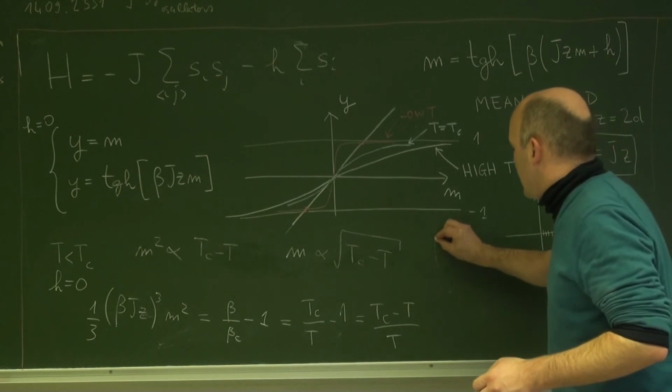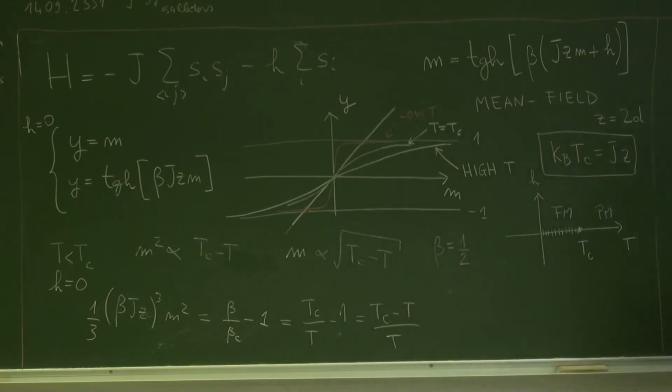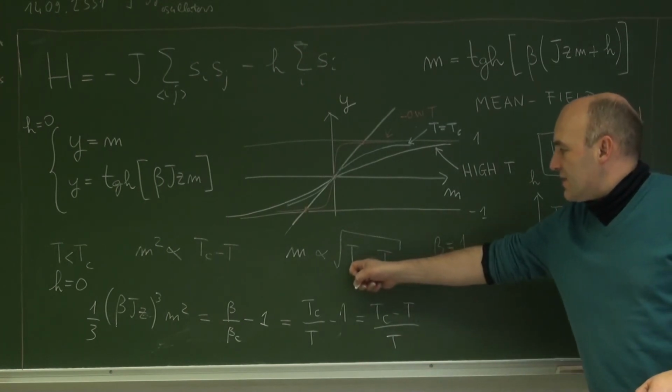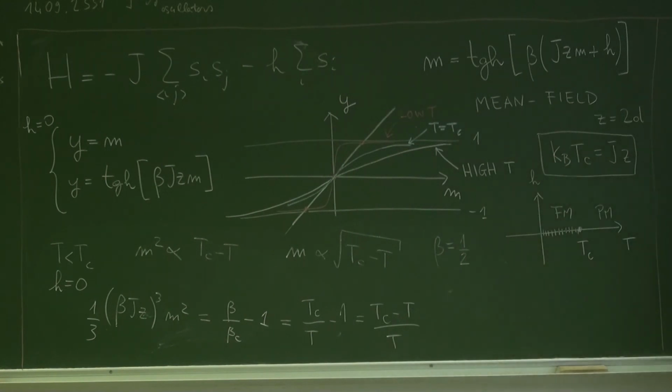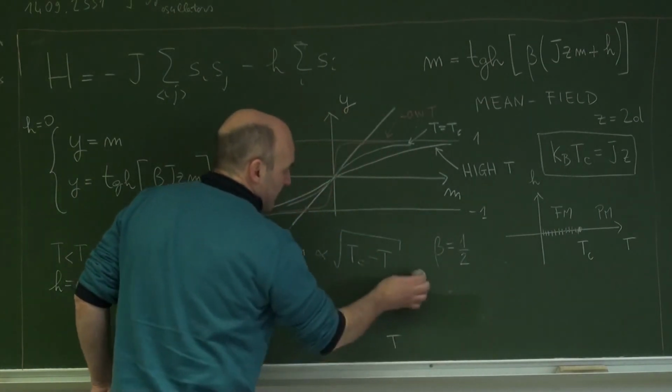We called this exponent beta in the van der Waals model. You remember, this is the exponent describing the difference of volume per particle, how the difference of these two coexisting phases goes to 0. So this tells me that the spontaneous magnetization vanishes as a square root when approaching the critical point. This is a second critical exponent.